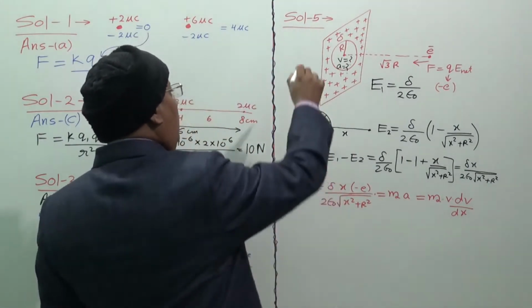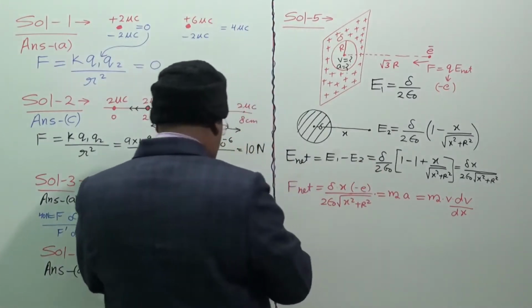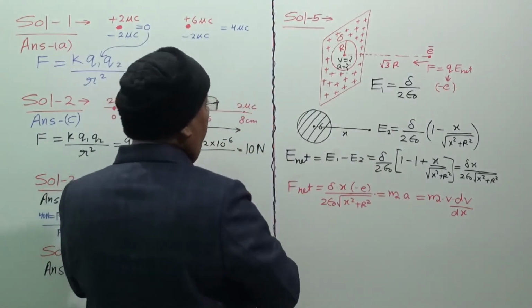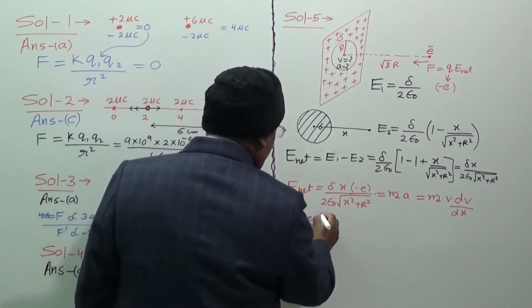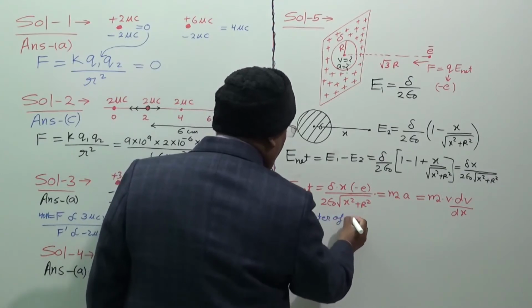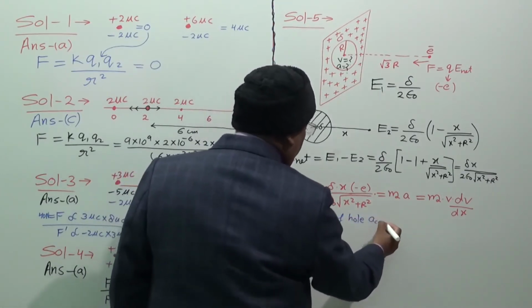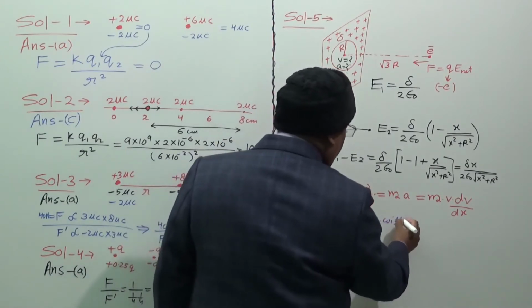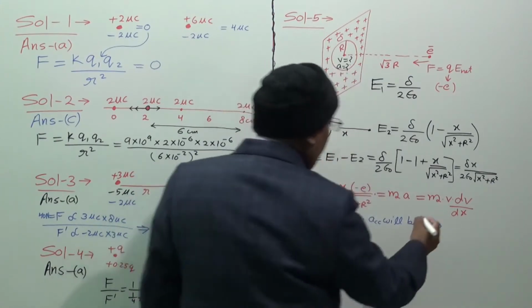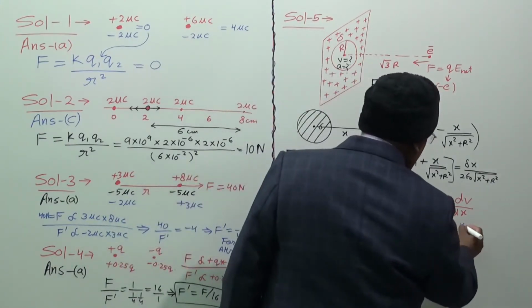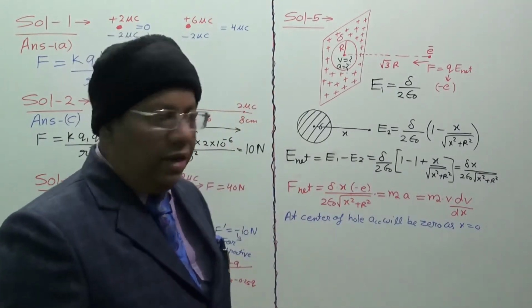So at the center of the hole, acceleration will be 0 as x is equal to 0. Clear? Very clear.